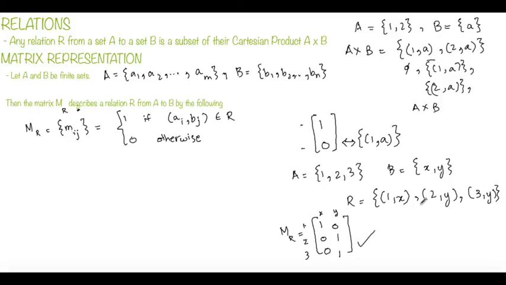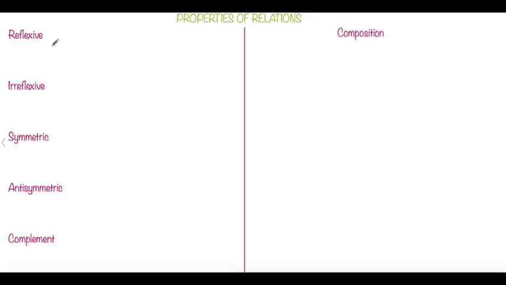Now you will see that if you have a matrix representation, it is very easy to check some properties of the relation. So this is what we will do next. What is the reflexive property?